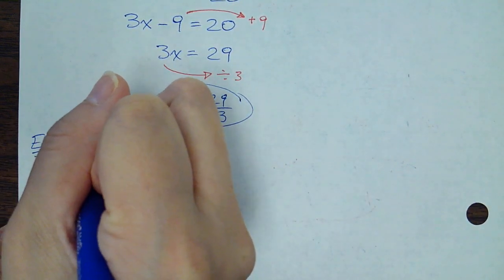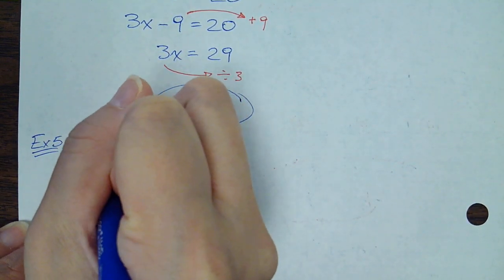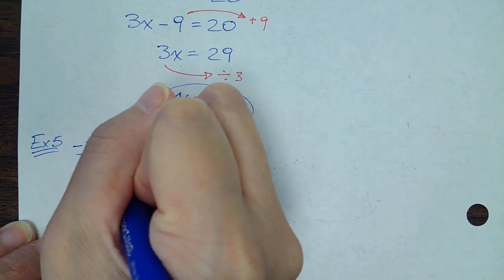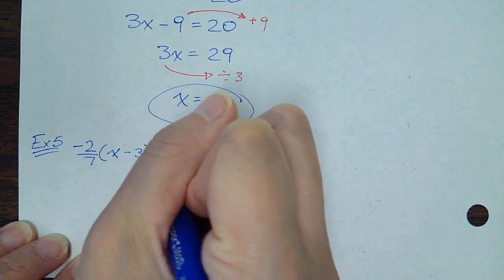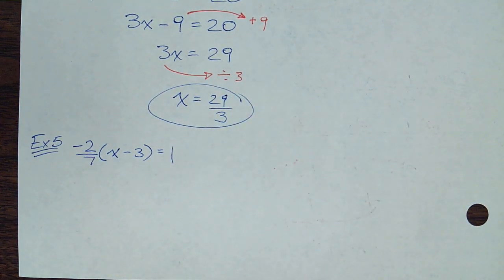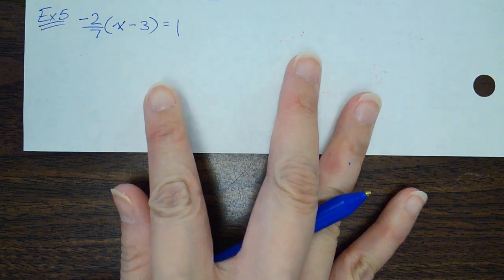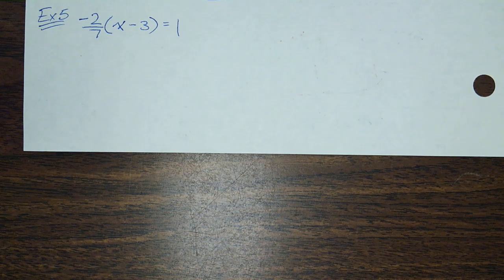Okay, negative 2 over 7, x minus 3 equals 1. What's my lowest common denominator here?